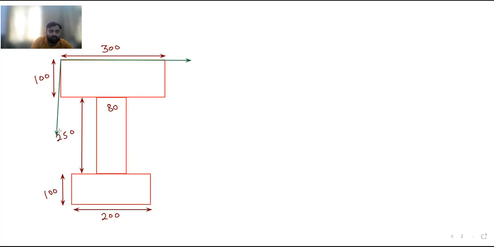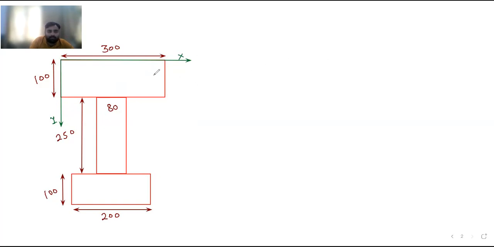And this is the reference y-axis. These are the reference axes, x and y, from where we are going to locate the neutral axis. So here, first of all, I will calculate y bar.